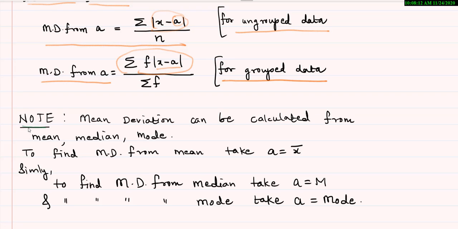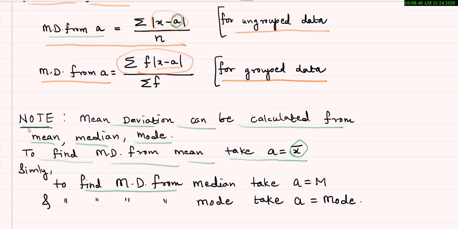Note that mean deviation can be calculated from mean, median or mode. To find out mean deviation from mean, we can take A as x bar. The A which is there in this formula, mean deviation from A, you can replace it by x bar if you want to find out mean deviation from mean.